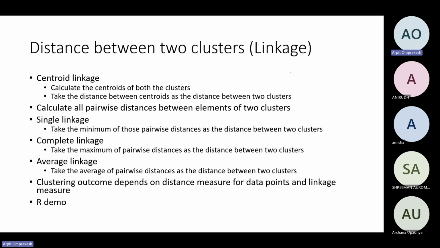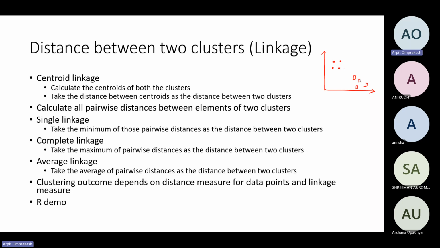So the first one is called centroid linkage. It's quite straightforward. So let's say you have some data like this. You have points here that belong to one cluster and points here that belong to another cluster, right?